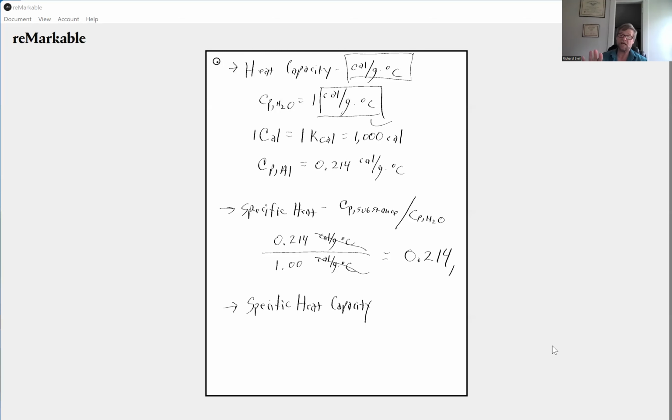And I do apologize. I'm getting a little bit heated and hot under the collar here, but this is very misleading for students and extremely confusing. And it occurs because somebody did not understand what heat capacity and specific heat really mean.